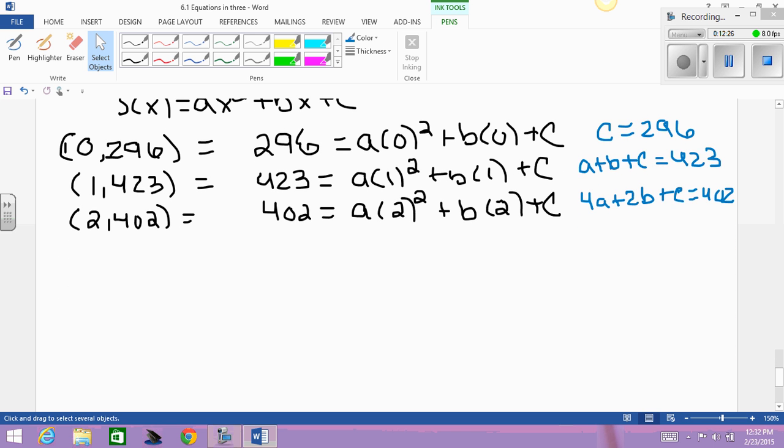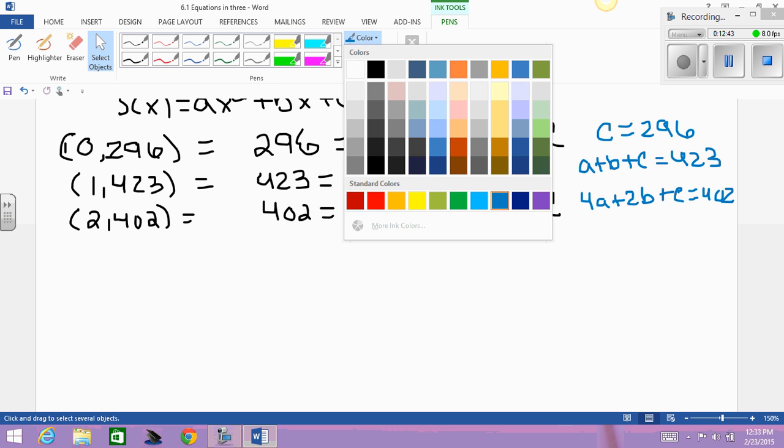I know what c is, so essentially what I need to do is eliminate a. If I look at the second equation and the third equation, what can I multiply the second equation by to get a to eliminate in the third? That's going to be a negative 4, right?